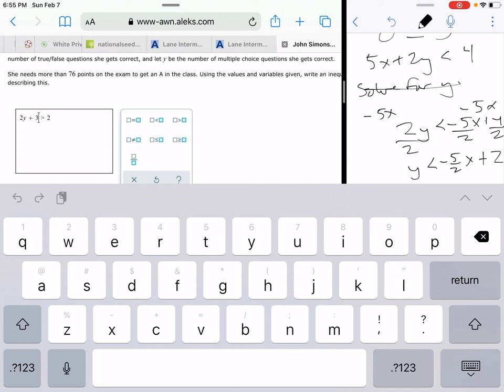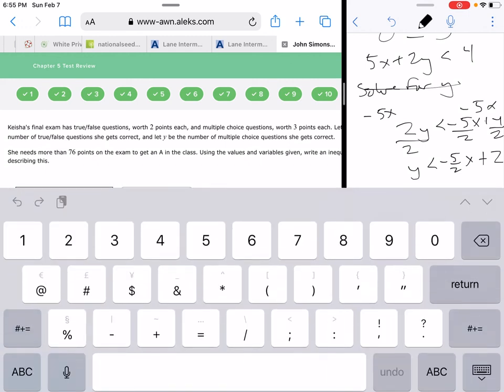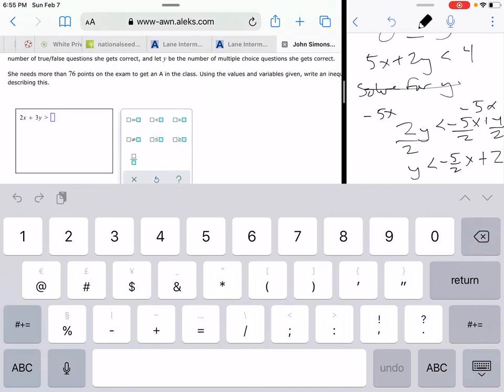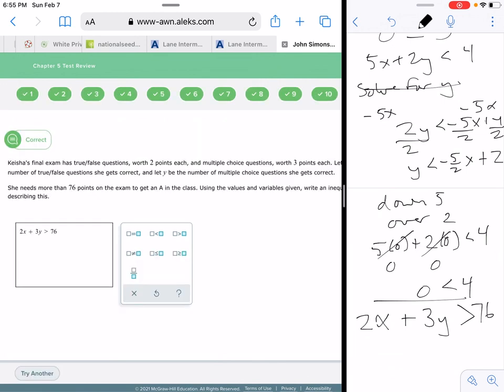I got that flipped around. It's not 2Y, it's 2X, plus 3Y is going to be greater than 76 points. There we go. All right.